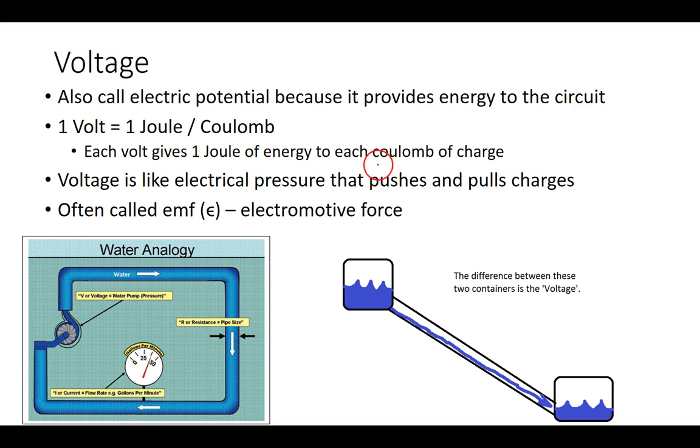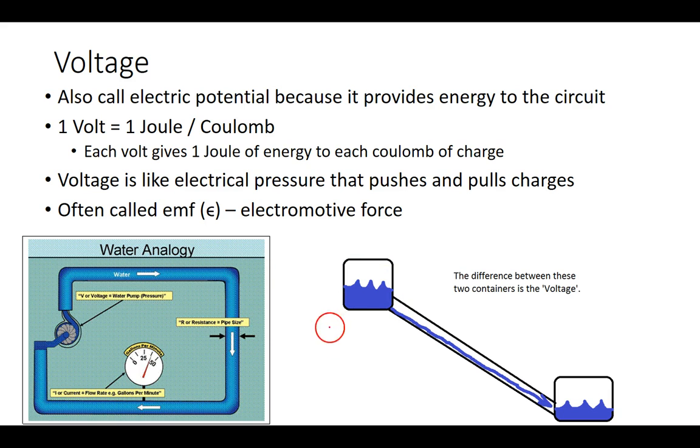A lot of times we use the analogy with water. So for example, if you have a water pump, this would be the voltage, similar to your battery, and the water pump's going to be pushing the water through your pipes, similarly as a battery might do. Another analogy would be with gravity.